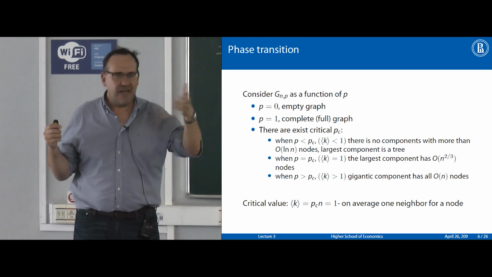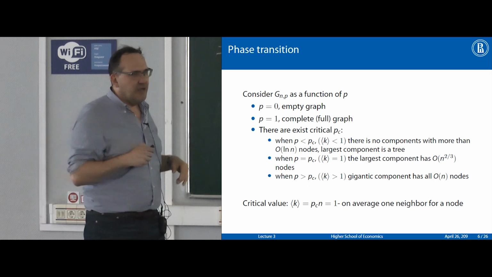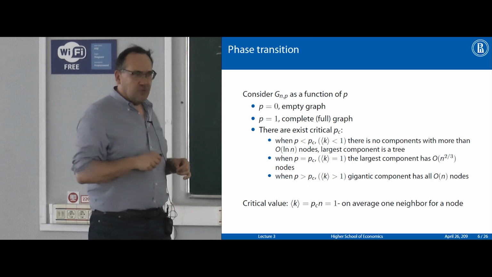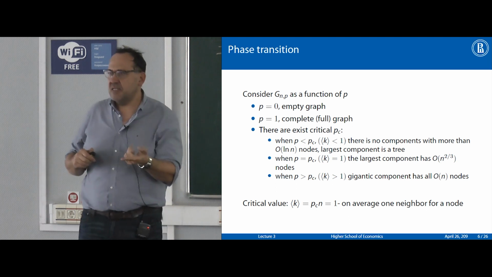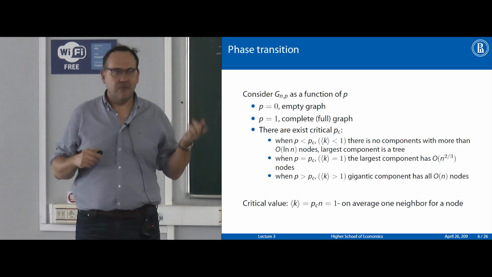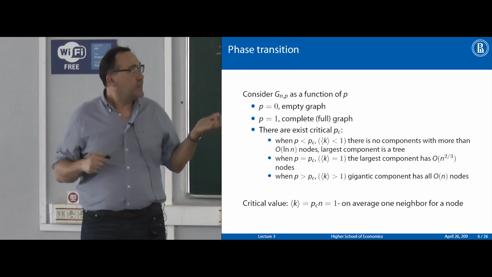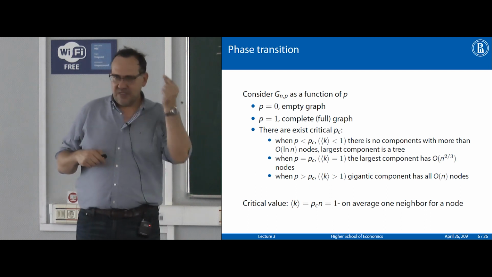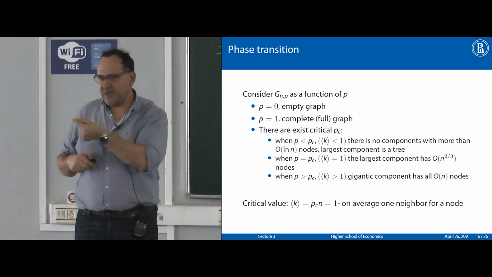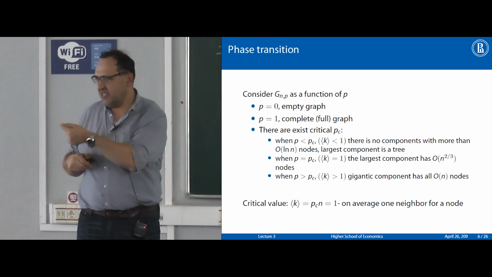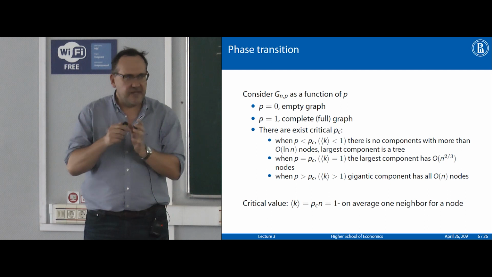The probability of connection is 0. They're still lonely. P equal to 1, within our process, means we're going to get what kind of graph? It's a complete or full graph, because every connection happens, so every node will be connected with every other node, right? So it's very, very dense.